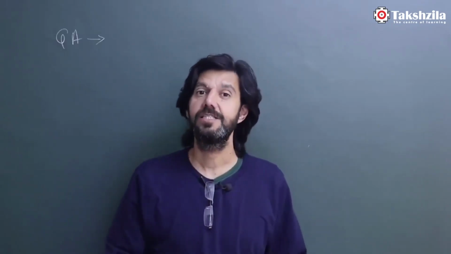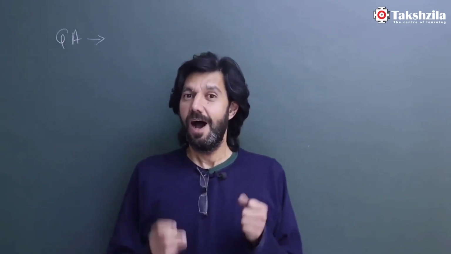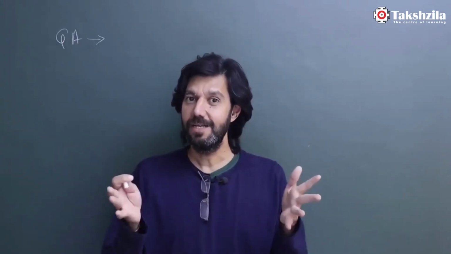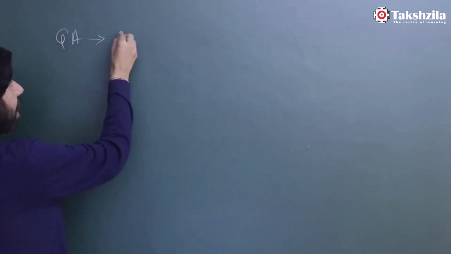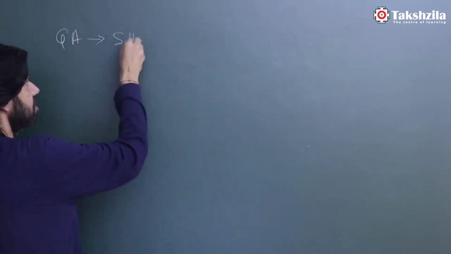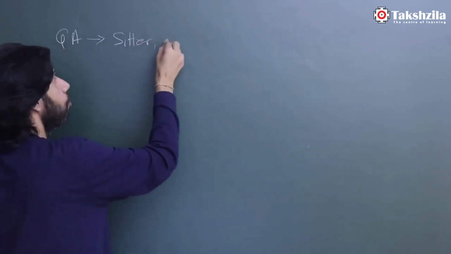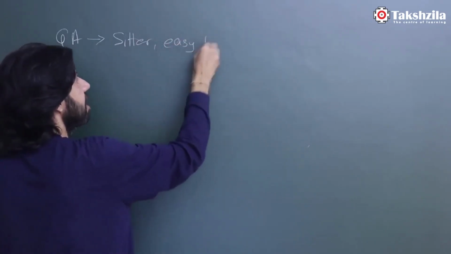I wanted to present the table, but when I made that table, I was pretty scared. Looking at it, I'm pretty sure a lot of students would be demotivated. So suffice it to say that sitter questions can be done like this, and are also easy to identify.